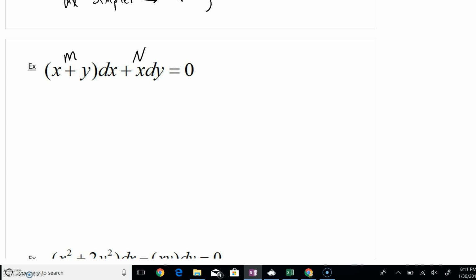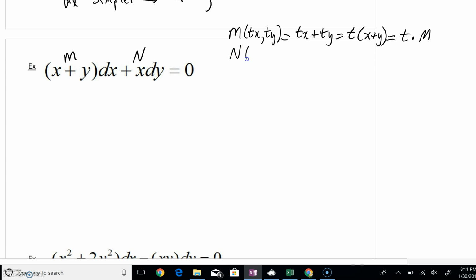Of course, we would like to show that we have a homogeneous function for M and for N. So M, if I were to substitute in a tx and a ty, and again, M is just x plus y, I hope you could see that would be tx plus ty. And we could factor out a t and have t times x plus y. Another way of saying that is we've got t times M.